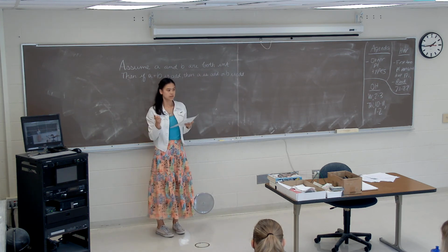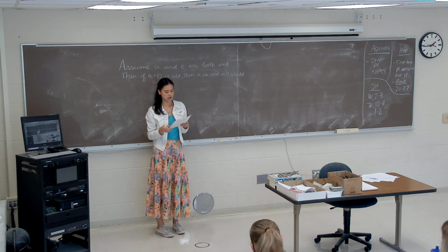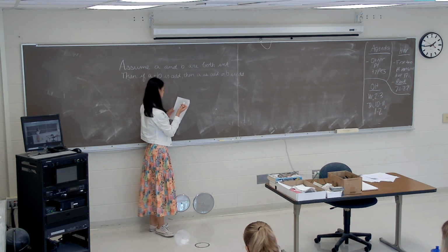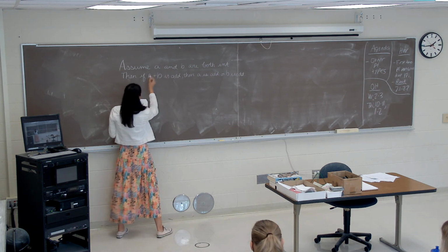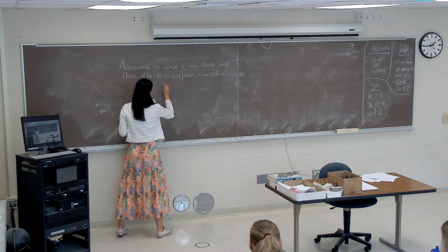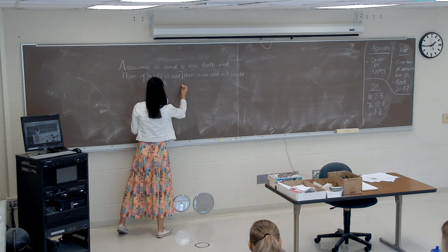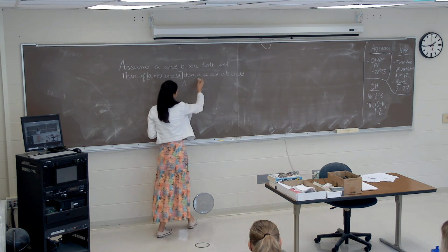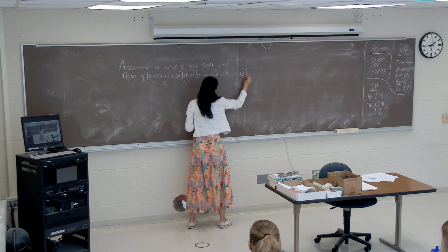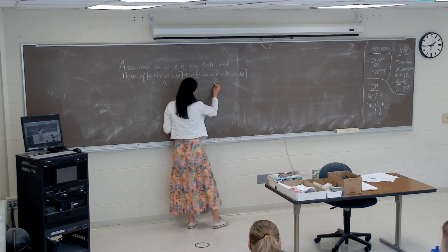Okay, so since I'm doing a proof by contradiction, I want to show that A and not B is a contradiction.